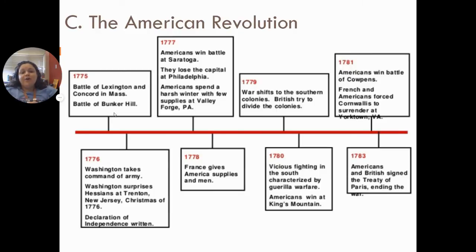So we see this huge British military with advanced weaponry, trained, ready to fight, and then these colonists who were basically just trained by George Washington. Definitely an unfair advantage for the British.